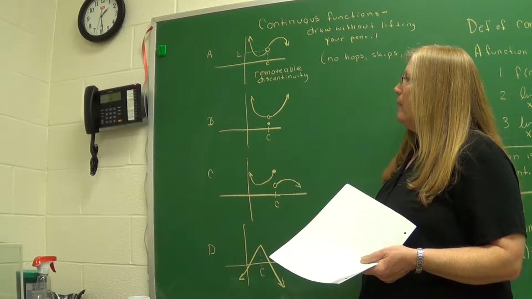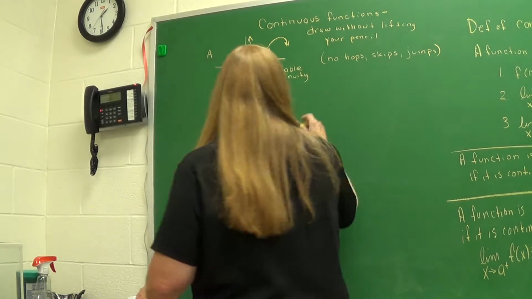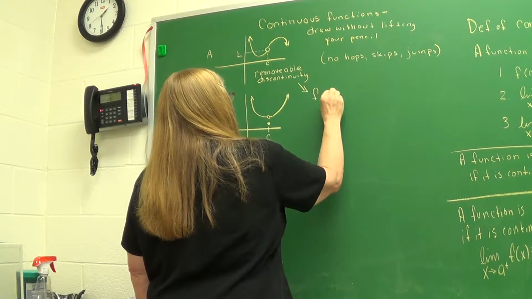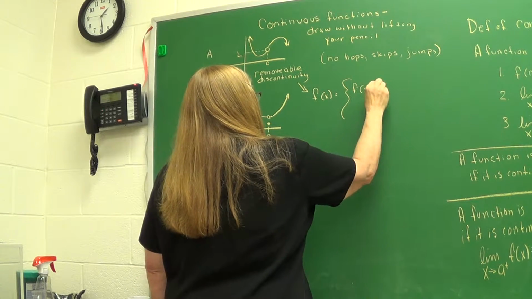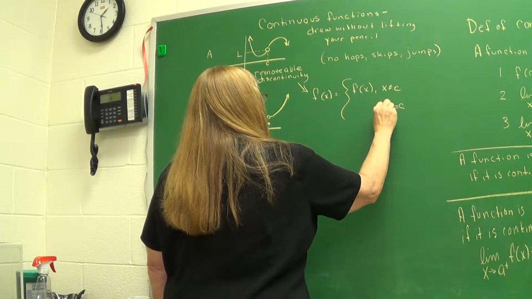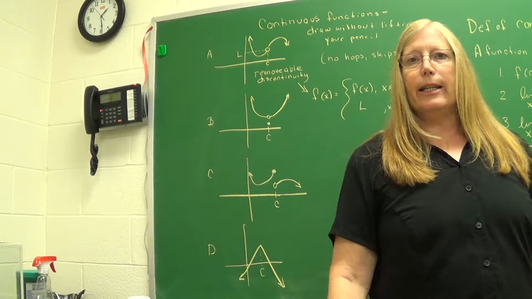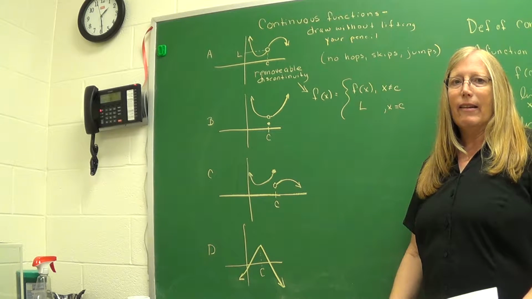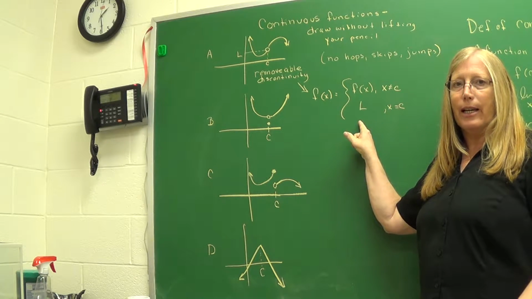So it's called a removable discontinuity because I can easily remove it with this function. I can redefine it as the function where x does not equal c, but when x does equal c, we're going to call it L, the limit. So see how quickly, without even knowing the name of the function, I can redefine a function quickly that has no discontinuity.